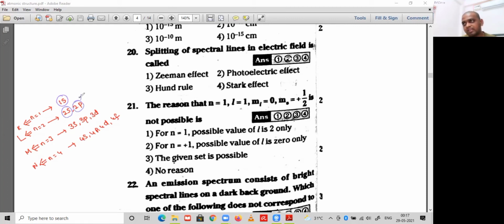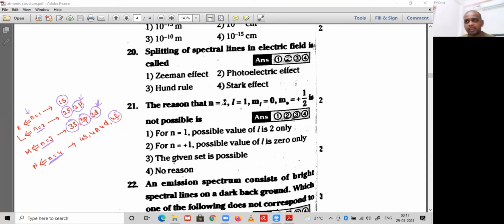The p subshell begins from the minimum value of n equal to 2. In a similar way, in the third main energy level, we will have three subshells, namely 3s, 3p, 3d. The d subshell begins from the minimum small n value of 3, where small n is the principal quantum number. In a similar way, the 4f subshell begins from the principal quantum number n equal to 4.